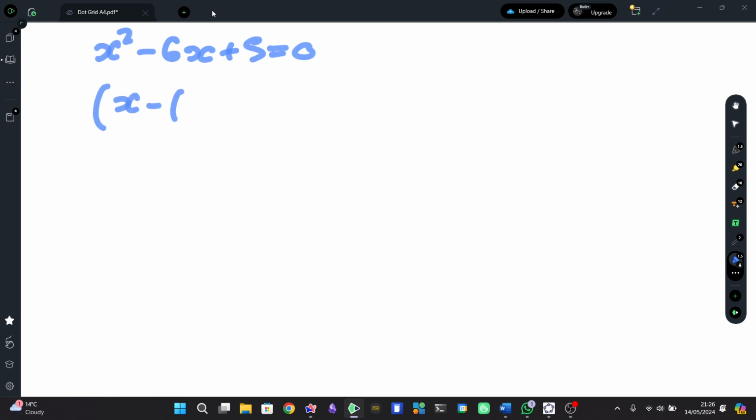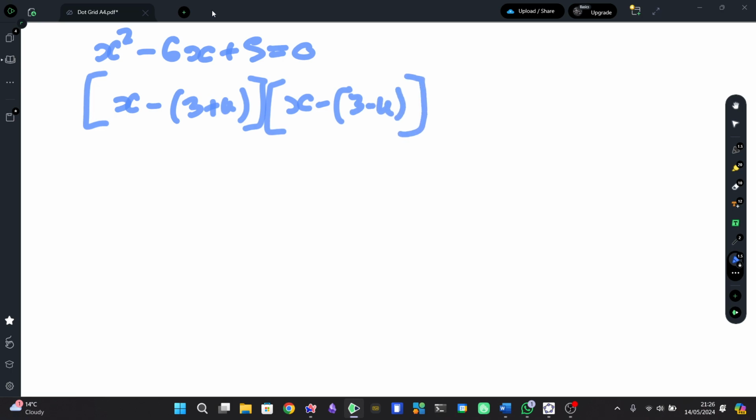So that would just be x minus some given constant again, so that would be 3 plus u minus bracket 3 minus u. So if we solve for u, I don't know why this is so laggy, we have 3 plus u times 3 minus u, so that's 9 minus u squared is equal to 5 in this case.